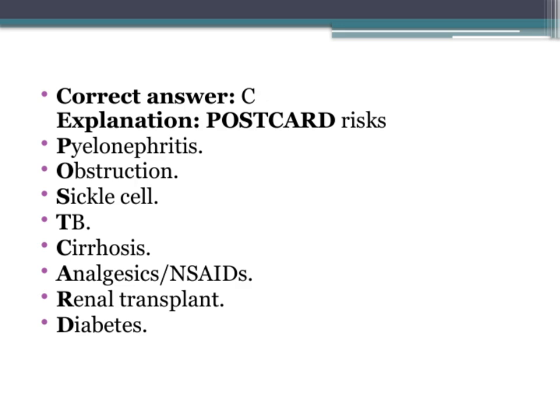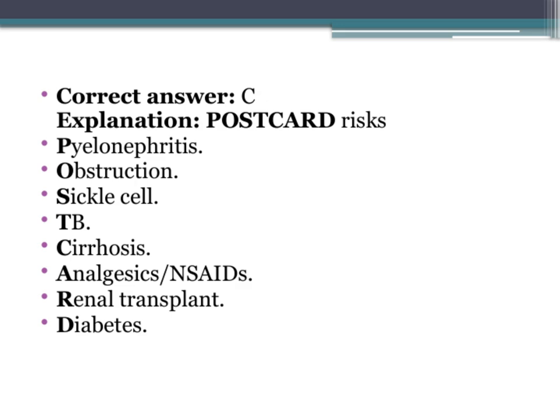Tuberculosis, or TB, can also affect the kidneys if it spreads beyond the lungs. Cirrhosis, although primarily a liver condition, can have systemic effects that influence kidney health too. Then we have the use of analgesics and NSAIDs, which are common pain relievers, but can cause kidney damage if used excessively or long-term. A history of renal transplant indicates a patient with a complex kidney condition already, making them more vulnerable.